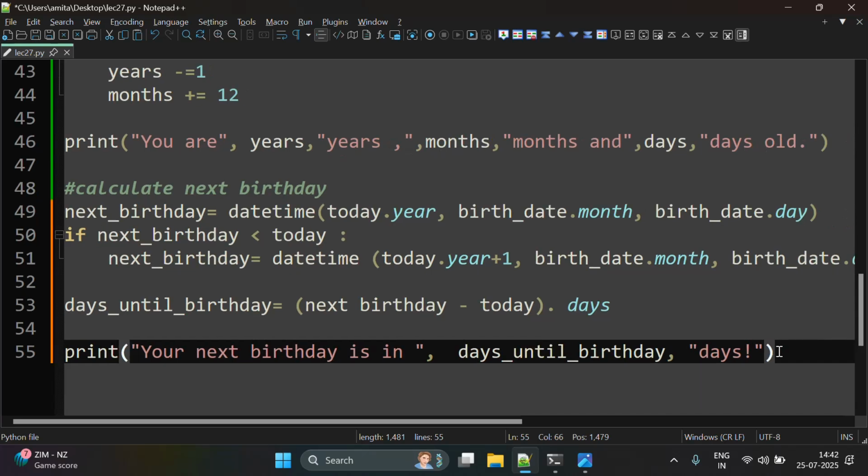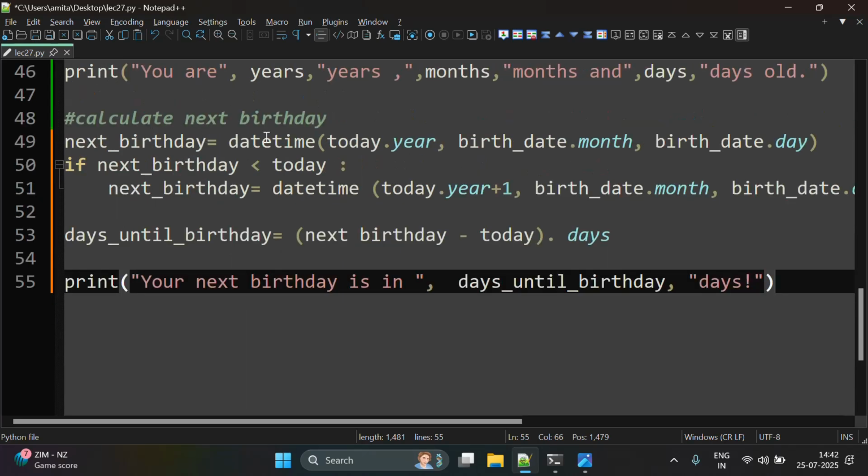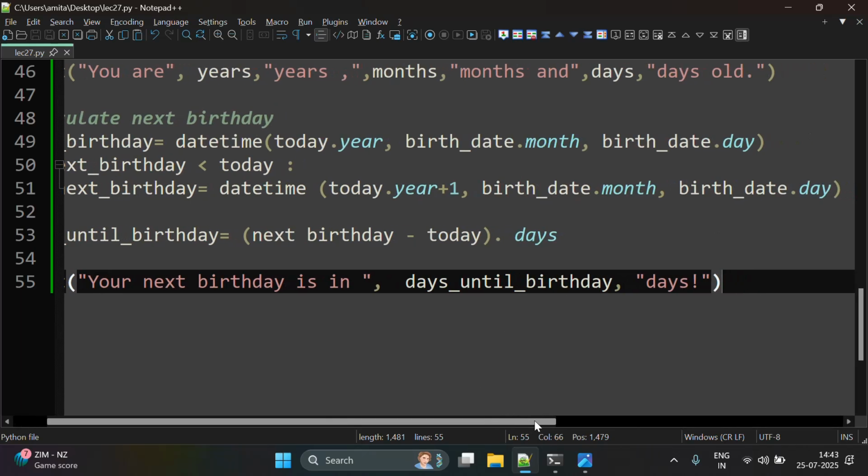So what have we done here to calculate the next birthday? First we have calculated the next birthday, when it is, then we have seen if it has already passed this year, that is, it has already gone in 2025, then it will take 2026 as the year, and the birth date month and birth date day will always remain the same, of course.